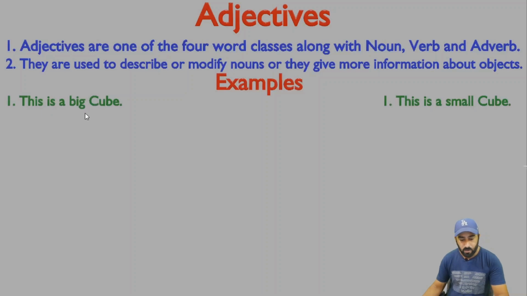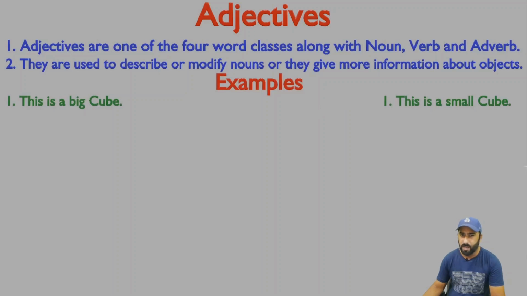This is a big cube and this is a small cube. This is an adjective and this is a noun. Adjectives describe nouns. Okay, this adjective says the cube is big, and this adjective reflects the cube is small.